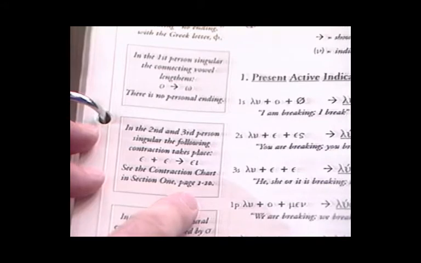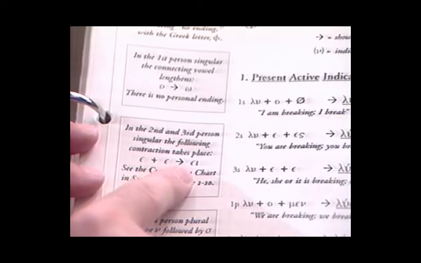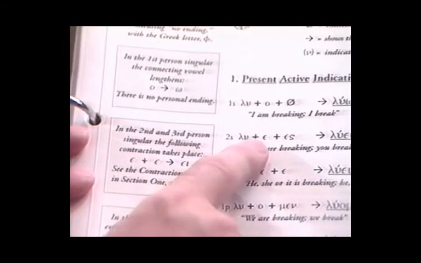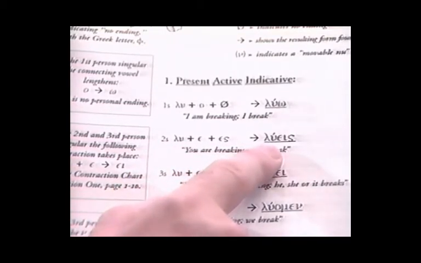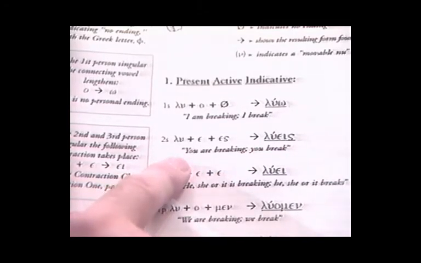If you turn to that section, you would see that when an epsilon is added to another epsilon, the result is the diphthong epsilon iota. So that's what's happening here. We have an epsilon connecting vowel, and we add this ending epsilon sigma, and when those two epsilons combine, we get the resulting diphthong epsilon iota. So our resulting form here is lueis. Second person singular, translated you are breaking or you break.